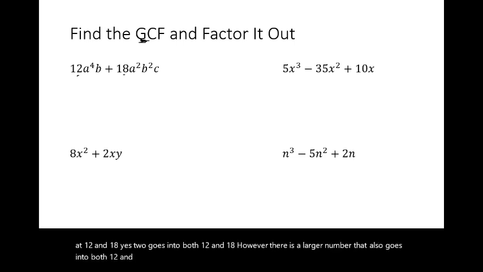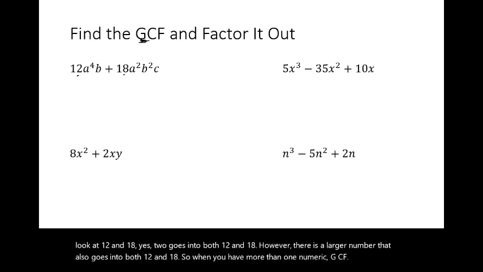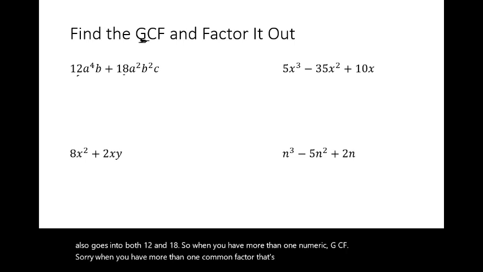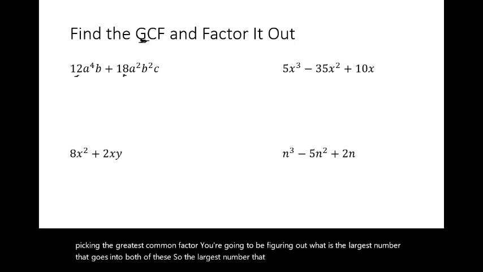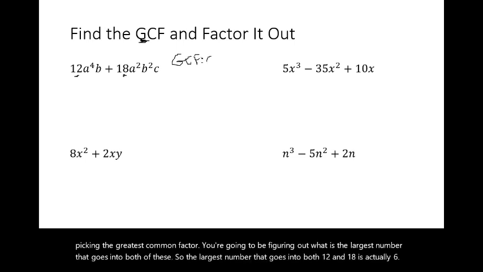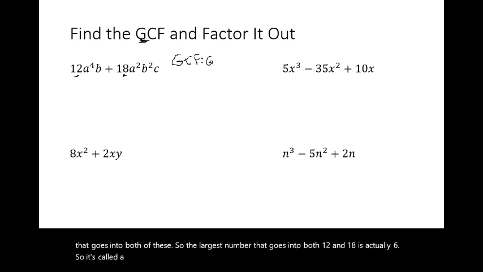So you really need to be picking the greatest common factor. You're going to be figuring out what is the largest number that goes into both of these. So the largest number that goes into both 12 and 18 is actually 6. It's called a greatest common factor for a reason. So you're going to pick the largest number that goes into both of these, which is 6.